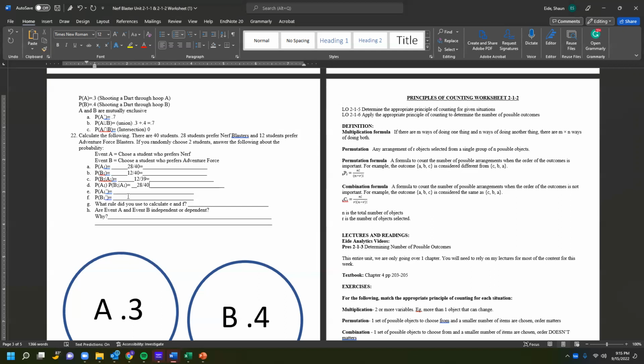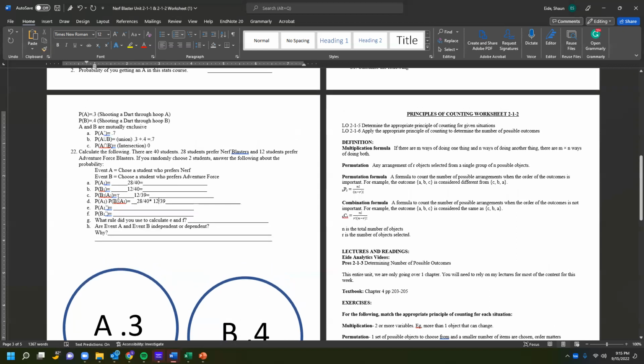Then it's multiplied by 12 divided by 39, because you've got the conditional probability. Now there's one less person. So you've got 28 divided by 40 multiplied by 12 divided by 39. Now, if I said, what's the probability of the first two people preferring Nerf, then it would be 28 divided by 40 multiplied by 27 divided by 39.